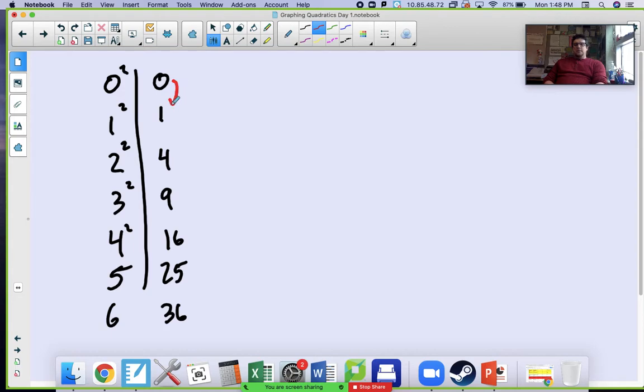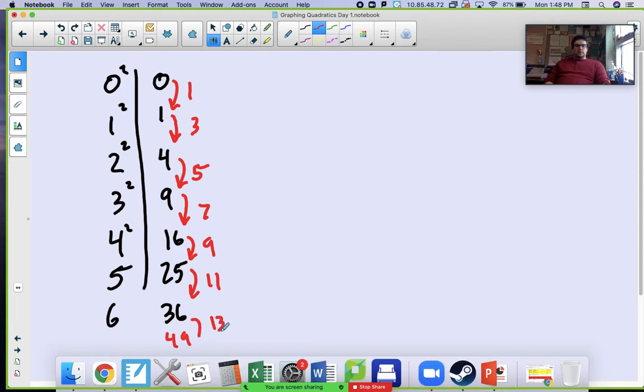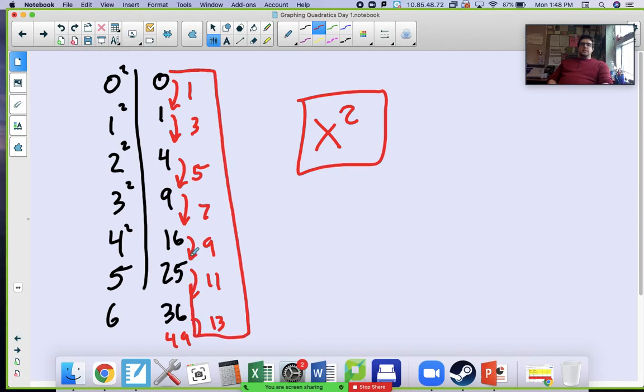The pattern between these squares actually happens to be the odd numbers in order. And this will continue. The next one's 49. That's 13. Because every quadratic has a squared, and that's the biggest power, these points follow a similar setup.